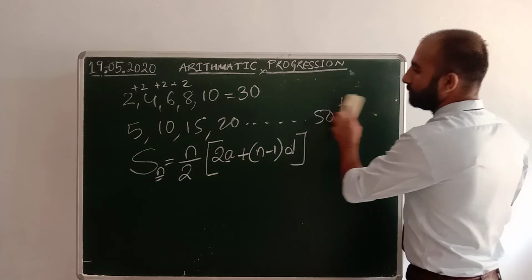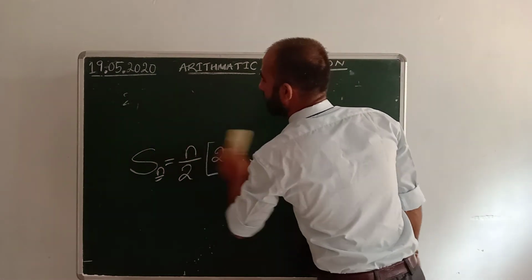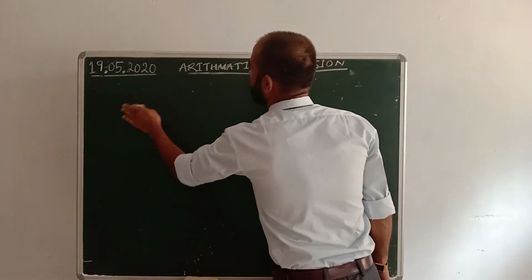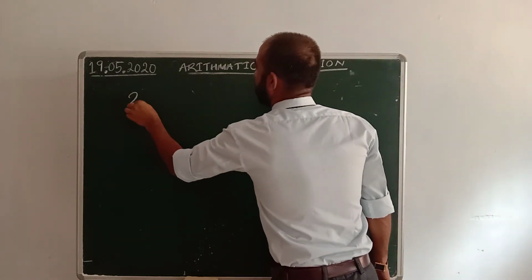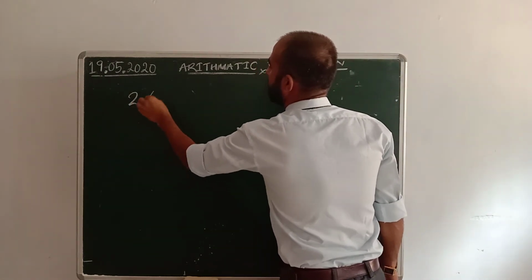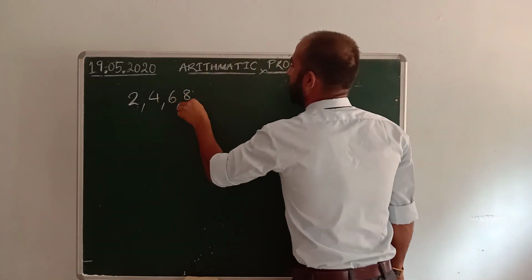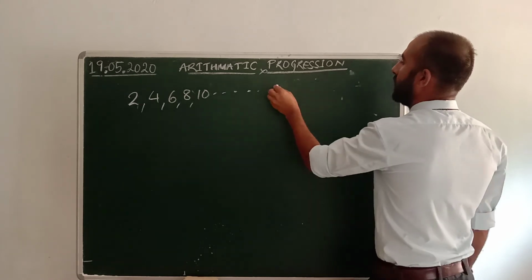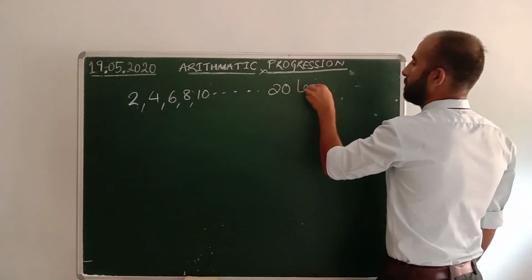Let us take one simple example. Suppose you have got, let's take an easy one, the AP of even numbers 2, 4, 6, 8, 10 and so on, and you are supposed to find the sum of its first 20 terms.